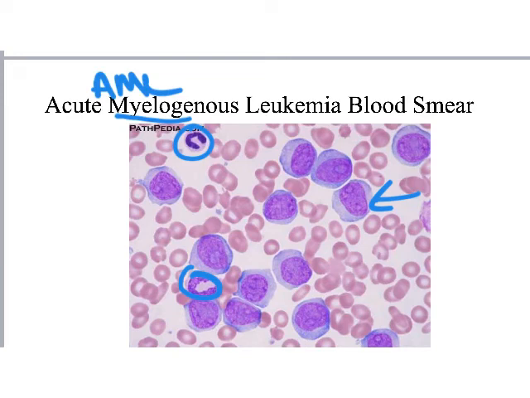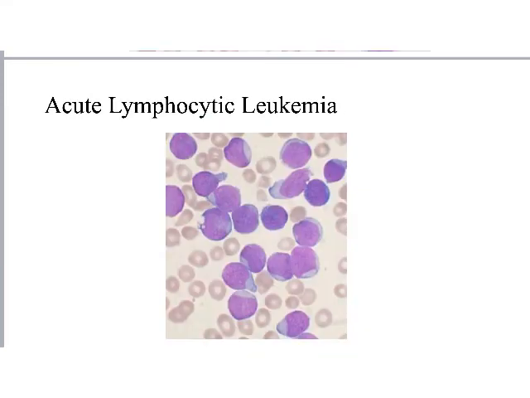You could also have ALL, which would be acute lymphocytic leukemia. So that would be that top precursor cell that can become any of the three lymphocytes. And you know that because remember we talked about lymphocytes, they're almost completely filled with nucleus, right, and very little cytoplasm. I mean, look at all these cells. It's almost all nucleus and just a little bit of cytoplasm.